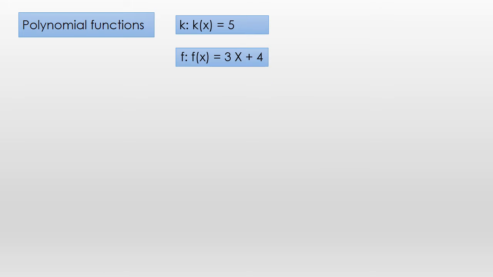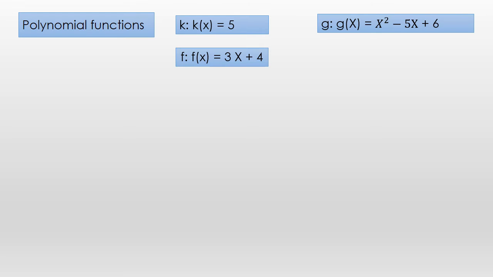Another example, f of x equals 3x plus 4. By substituting any real number in this function, we find that we have a value in the codomain. So it is also a polynomial function. Then g of x equals x to the power 2 minus 5x plus 6.